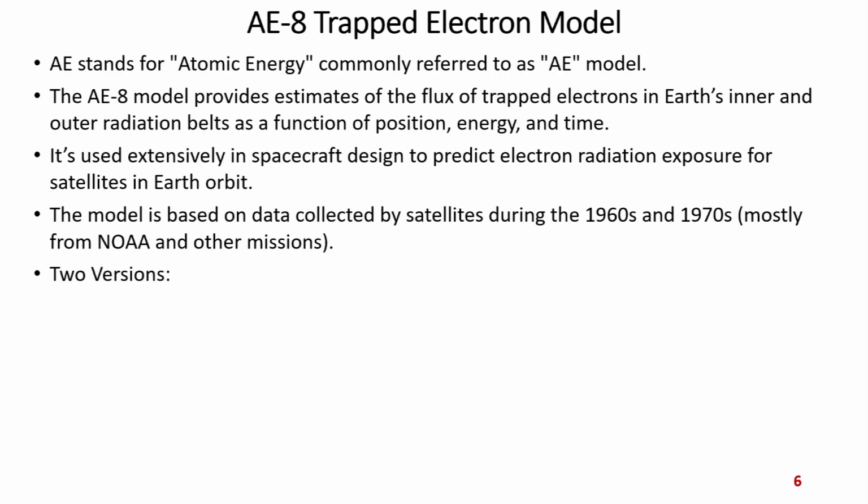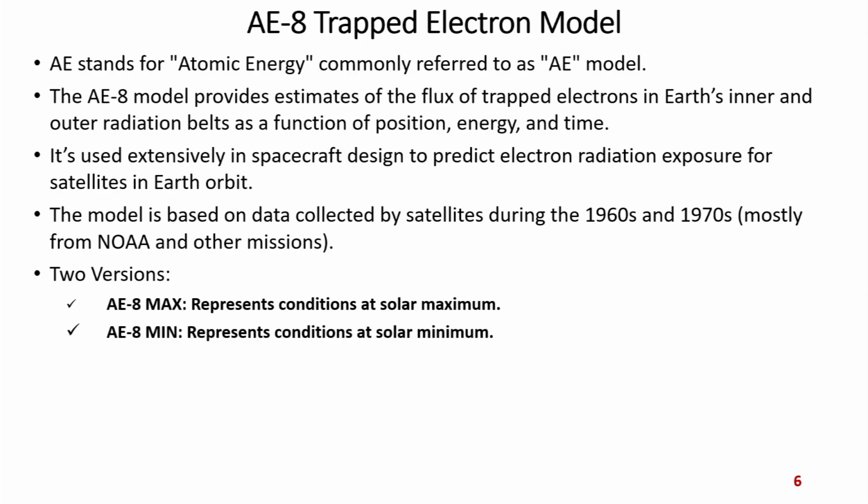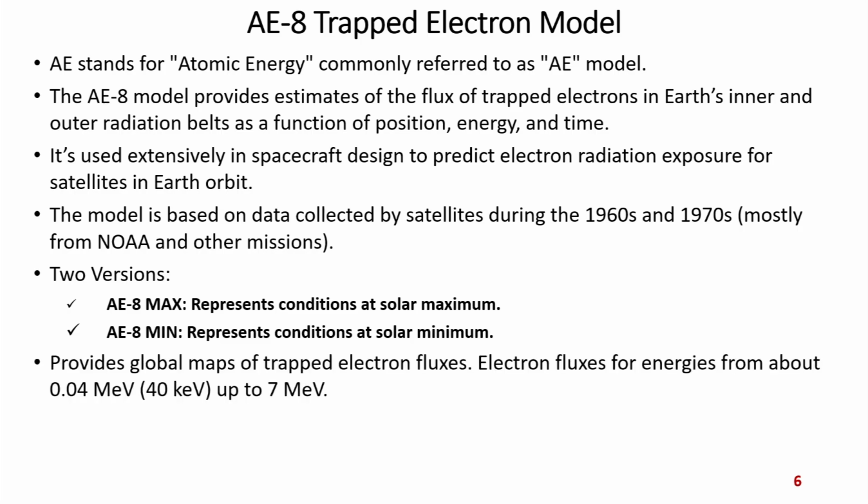There are two versions: AE8 max, which represents the condition at solar maximum, and AE8 min, which represents the solar minimum condition. The AE8 trapped electron model provides a global map of trapped electron fluxes, for energies from 0.04 mega electron volt, that is 40 kilo electron volt, up to 7 mega electron volt.